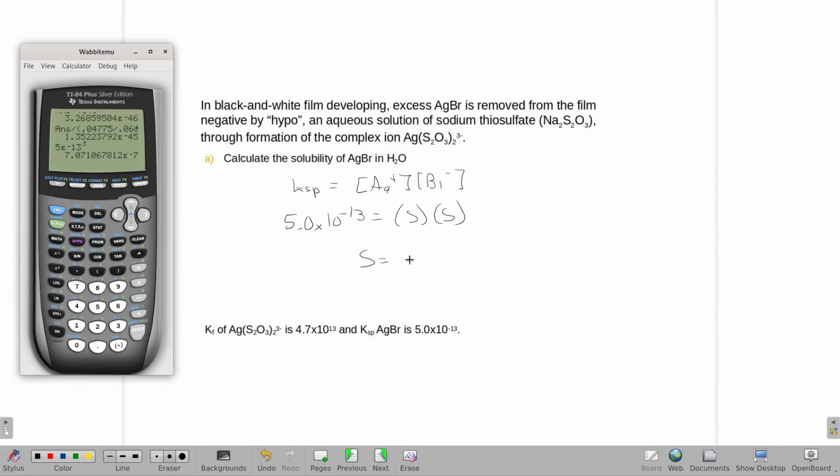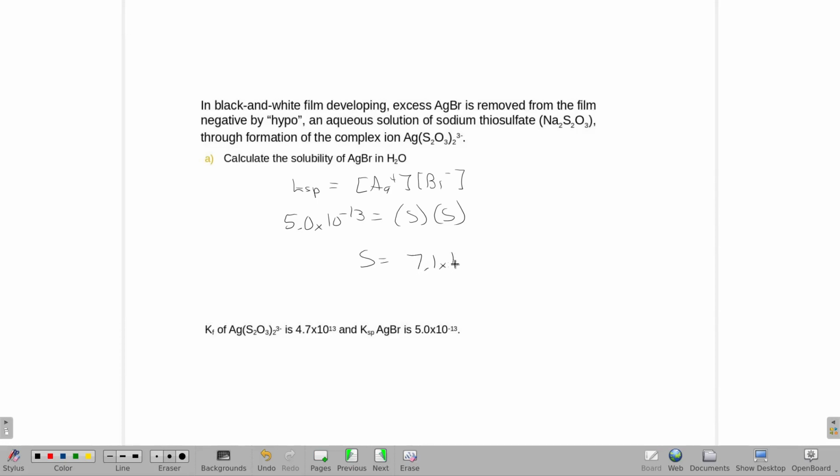So 7.1 times 10 to the negative 7th molar. Alright, so molar solubility shows us that we're not going to get much silver in solution before we start forming a precipitate, which would be a problem in your black and white film producing, because you want to get rid of that silver.